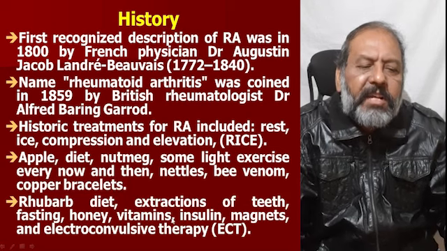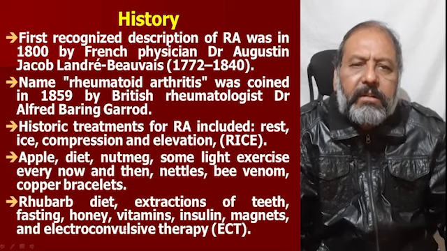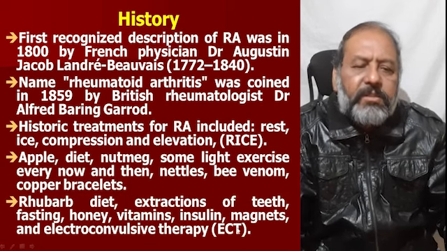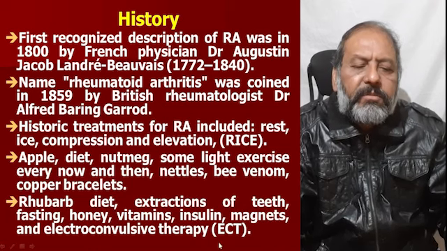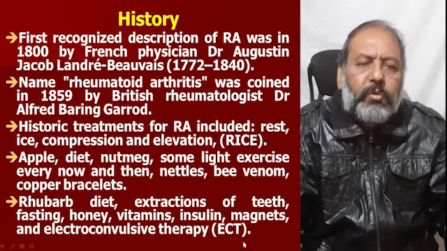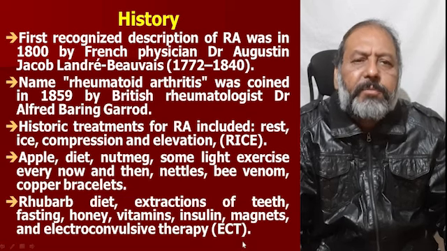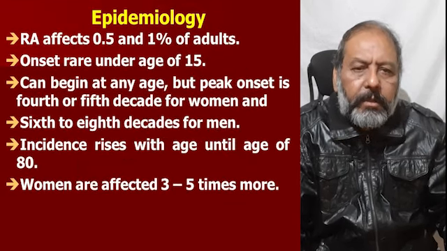Rhubarb diet, extraction of teeth, fasting, honey, vitamins, insulin, magnets, and electroconvulsive therapy were also considered in the past as treatments of rheumatoid arthritis.